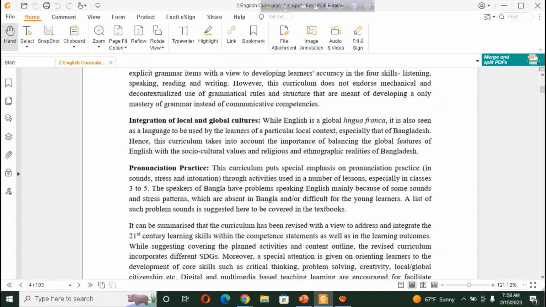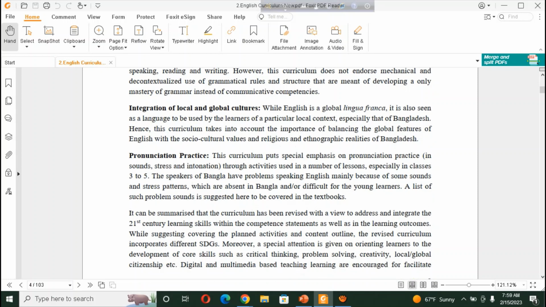Hence, this cultural curriculum takes into account the importance of balancing the global features of English with the socio-cultural values, religious and anthropological realities of Bangladesh.